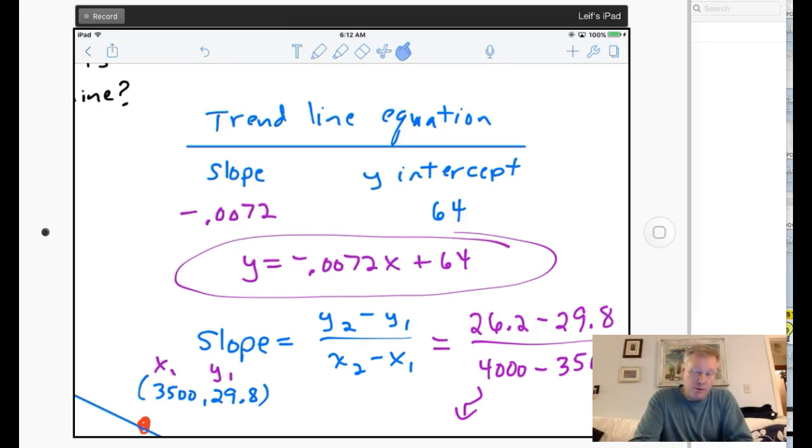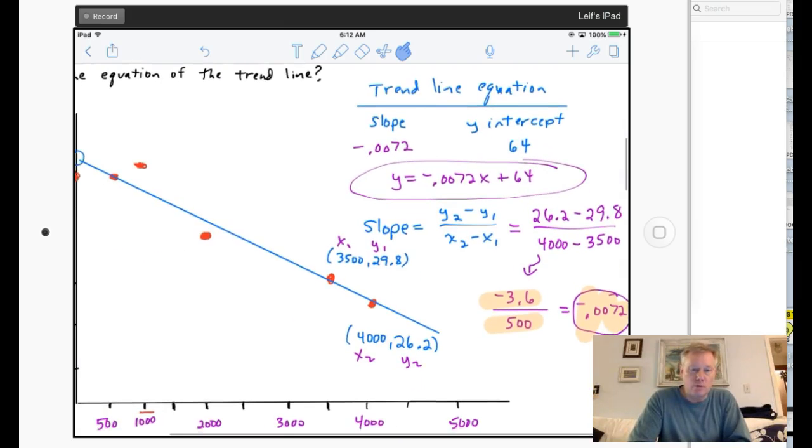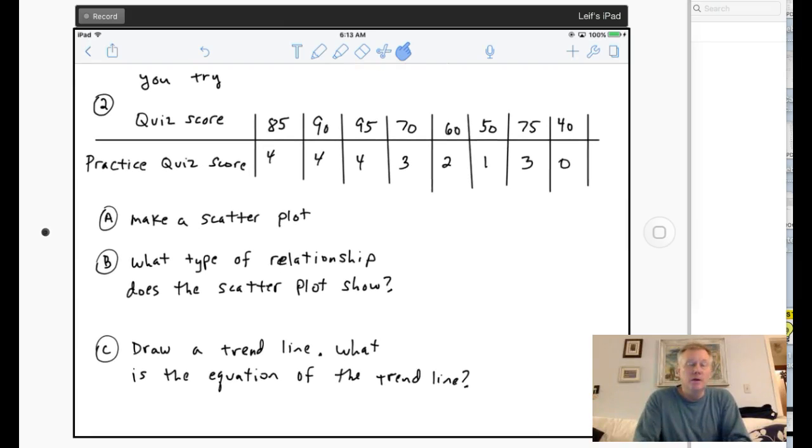Okay. Now, I know you guys are used to slopes that are usually regular fractions, but sometimes you get decimals like that, especially with real world problems. So that's the problem I want you to do, and I want you to do one of these down here. This one has something to do with you, because instead of temperature and altitude, it has to do with quiz scores and practice quiz scores. Believe it or not, as the years go by, I've noticed a relationship between the scores students get on their practice quiz compared to their real quiz.